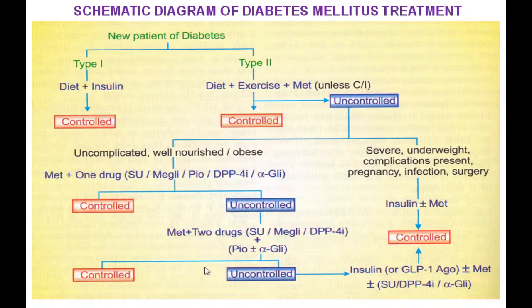If here the situation is uncontrolled, we use insulin plus metformin and sometimes plus sulfonylurea or DPP-4 inhibitor or alpha-glucosidase inhibitor.